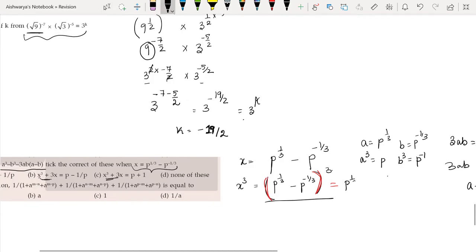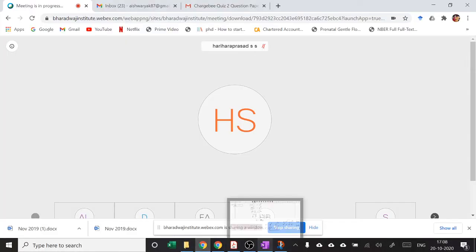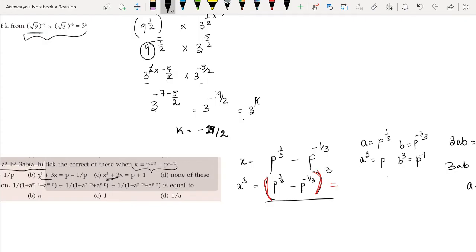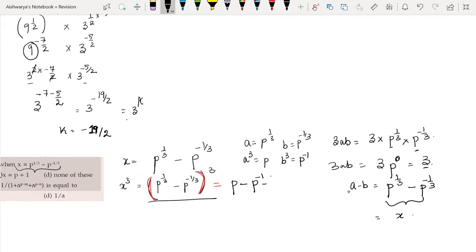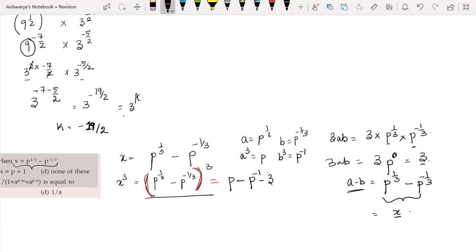A cube is only p, minus b cube is minus p power minus 1, then minus 3ab. 3ab is only 3, and a minus b is x.